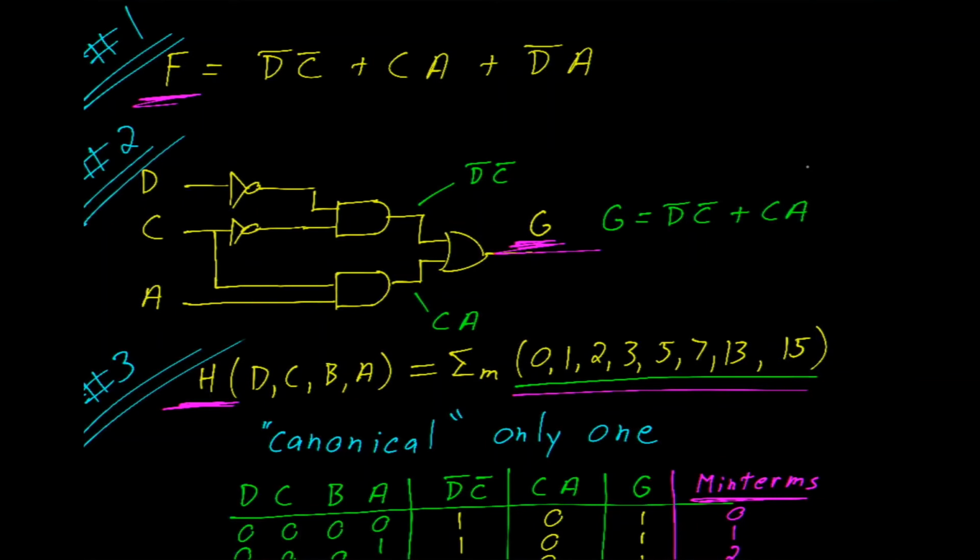But let's keep going. Let's try this a couple of different ways and see if we come up with the same answers again. For example, let's take this G function right here and expand it to see if we can find the minterms directly using Boolean algebra. We'll rewrite it here for convenience.